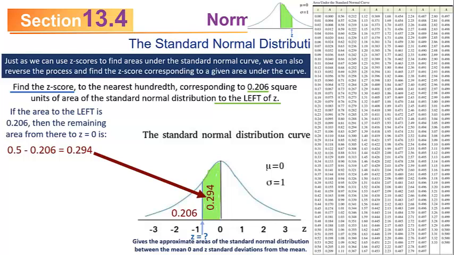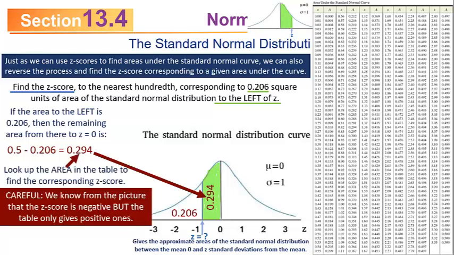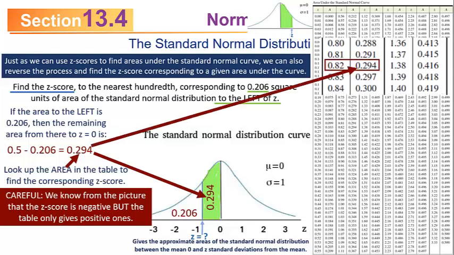And now we know by symmetry that even though that is a z value in actuality that's negative, when we look it up, we have to look up the positive value and just make it negative using our knowledge of symmetry. So at this point, we've got to just look at symmetry from the picture and look up the positive value. The positive value for an area of 0.294 happens to be 0.82.